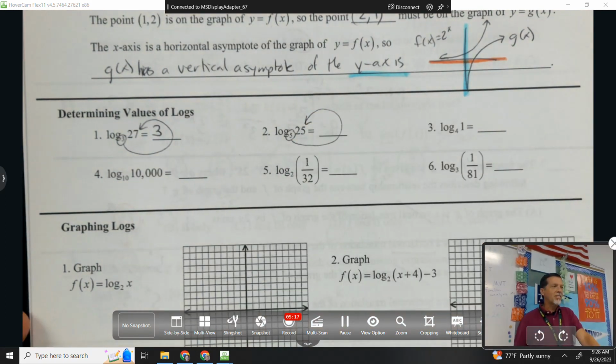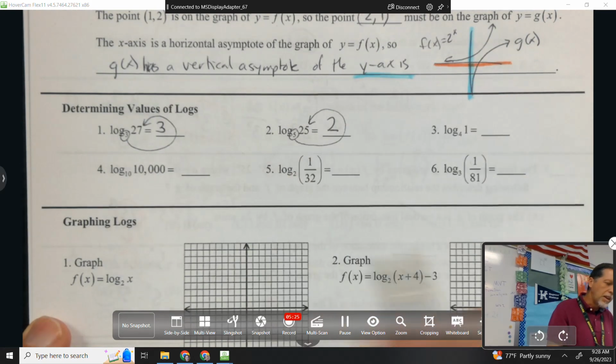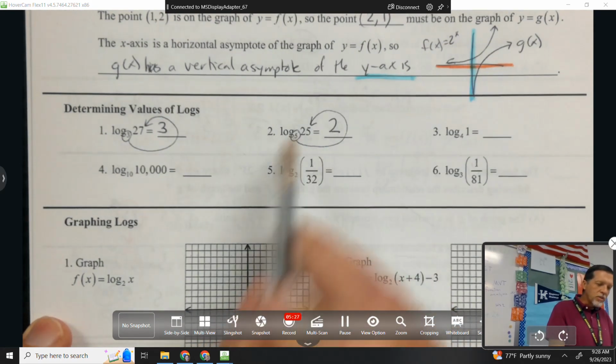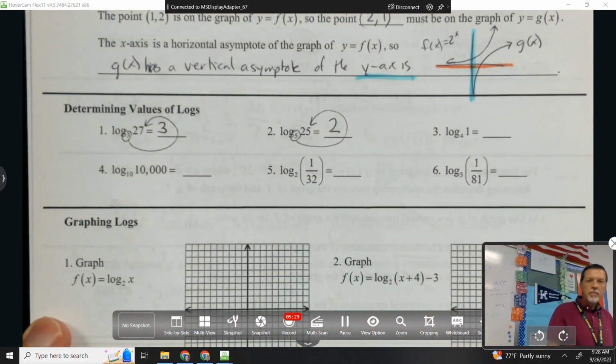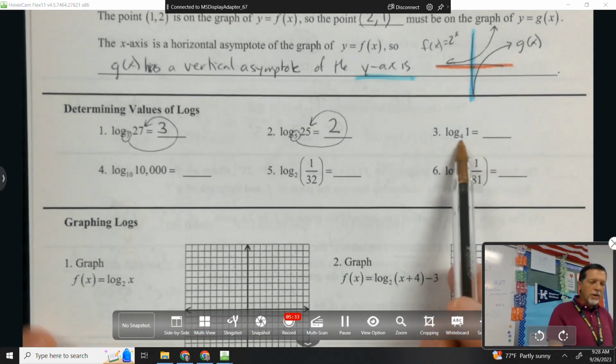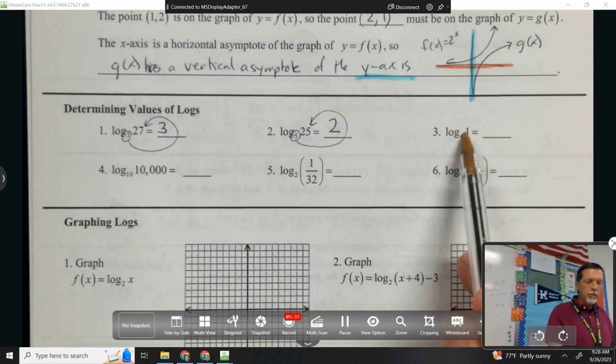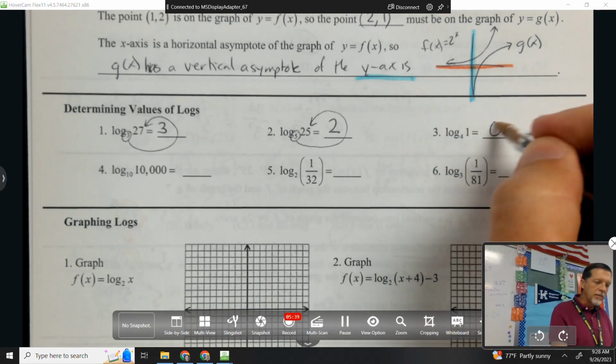So what's the answer of log base 5 of 25? 2. Because the fish hook, 5 squared is 25. Now, hopefully you get to the point where you don't have to draw the fish hook every time, but you're still mentally doing it. 4 to what power would give me 1? 0.